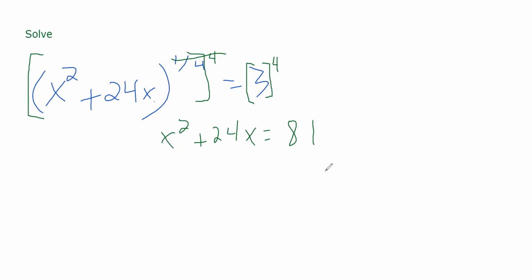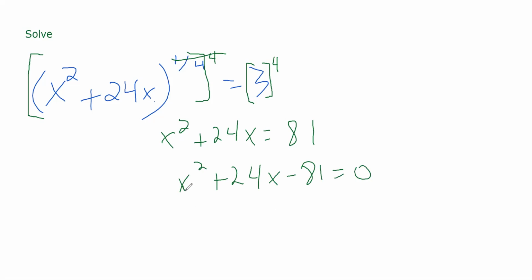Someone text me in the text box. What do you guys want to see here? Factor. All right, I'm down for that. So to factor it, we need everything on the same side of the equation, so we need to move that 81 over by subtracting it over.